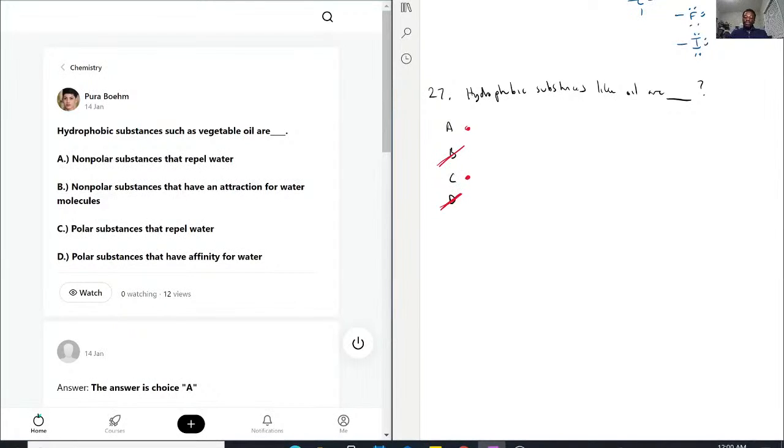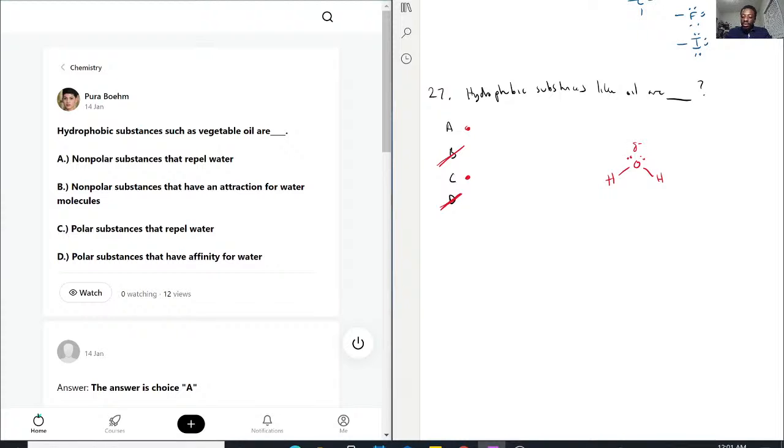Now, for this is where it gets tricky. Alright? I personally know the answer through experience, but the way you figure this out is let's actually talk about water itself. Water, if you quickly draw its Lewis structure, is a polar molecule in itself. And polar things attract polar things. That's just it, because if you're polar, you have a positive and a negative side.